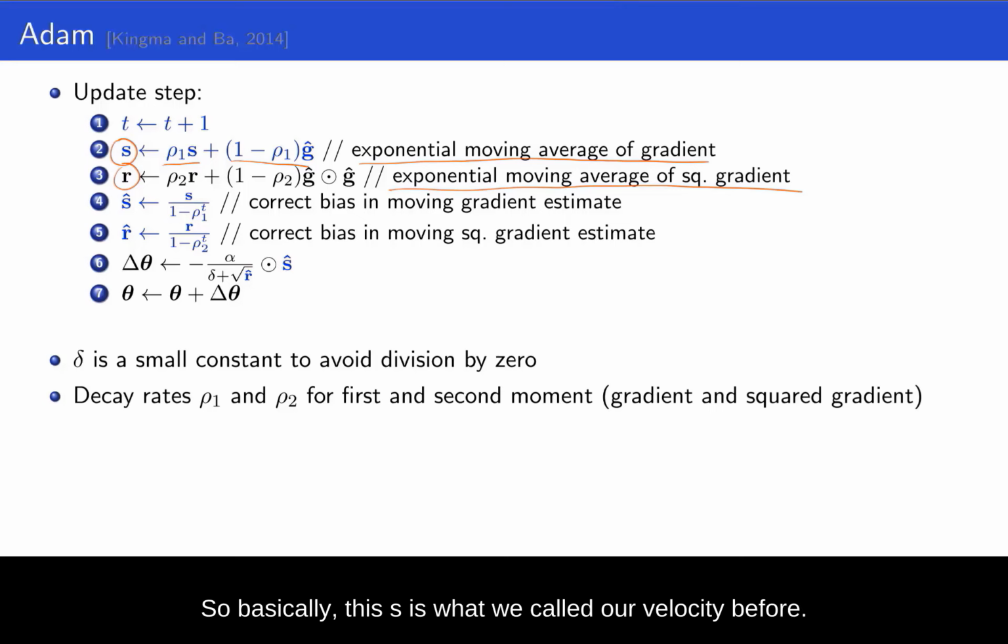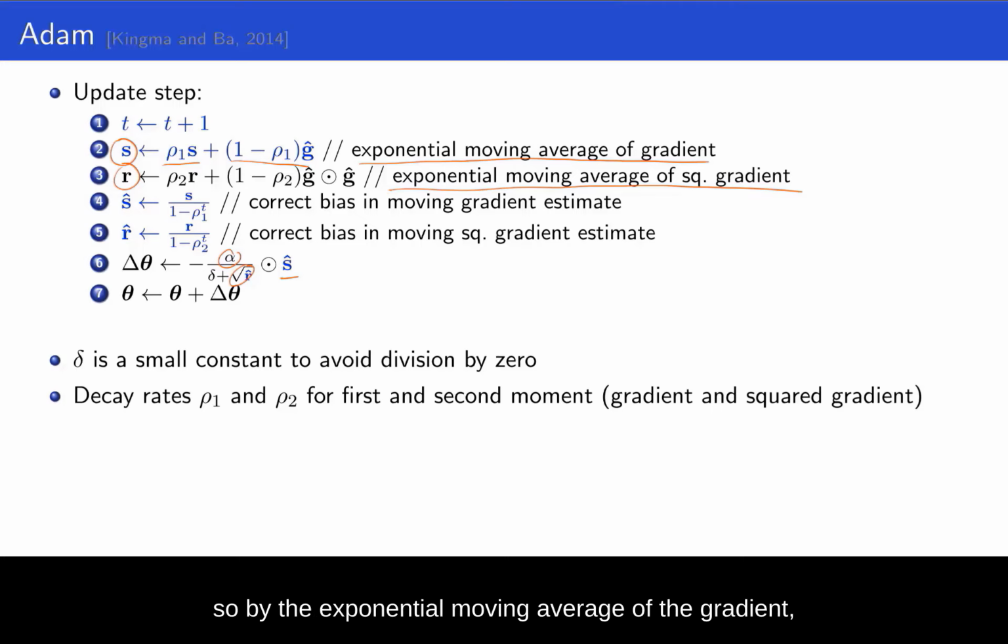So basically, this S is what we called our velocity before, and this velocity is used down here. Instead of the gradient, we now multiply the learning rate divided by the square root of the historical squared gradient by this momentum-like velocity.